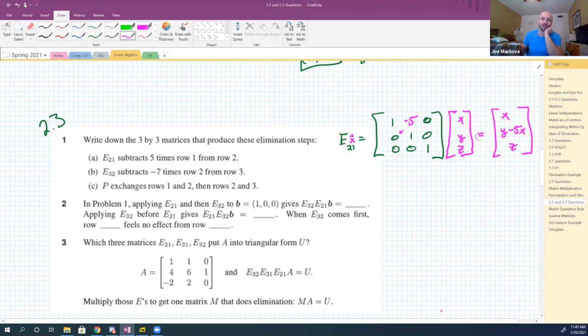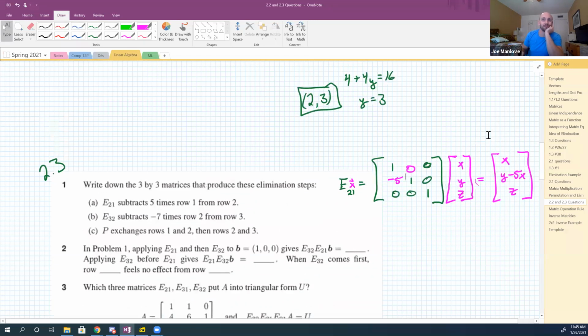So I'm just going to try the other spot. So I'm going to try putting a -5 here and a 0 here. Okay, so now if I pick my x, y, z up, twist it sideways, and drop it on, I'm going to get, well, I think I'm going to get x. And then if I do that again, pick this up, twist it sideways, drop it on, I'm going to get -5x plus y.